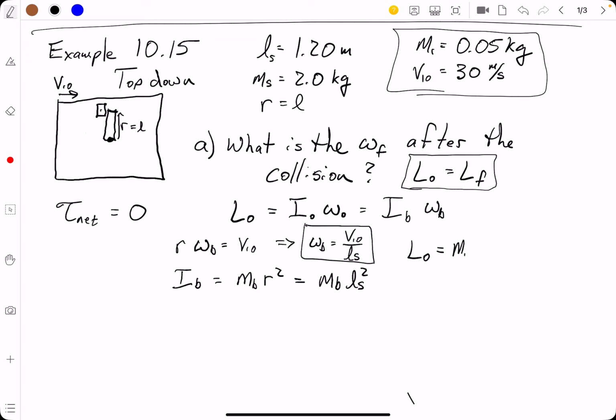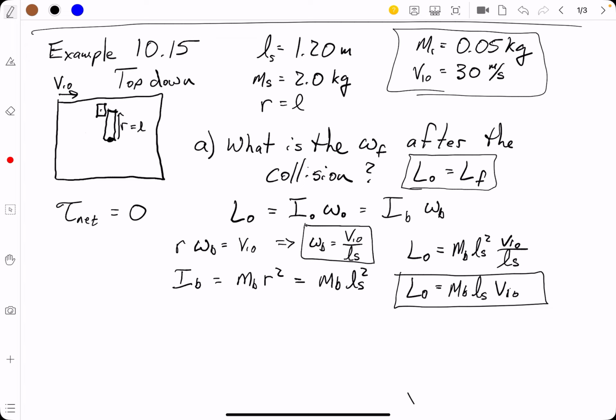It's the mass of the box times the length of the stick squared times our V10 over the length of the stick. I'm going to simplify, get rid of one of the lengths of the stick. So we've got the mass of the box times the length of the stick times our initial velocity. All right. We're going to take this to the bank later and use it.